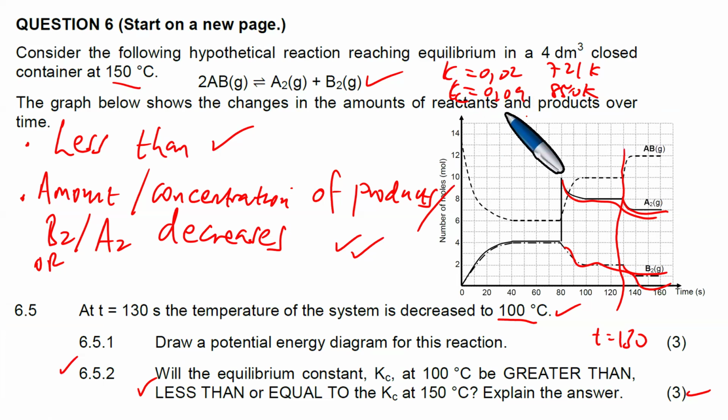We observed that when the temperature increased, the Kc increased, and that meant that the forward reaction was endothermic, because the Kc increased with an increase in temperature. So now you're able to see that whenever the temperature was decreased, the A2 and B2 go down, and that means the amount of concentration of the products decreases.